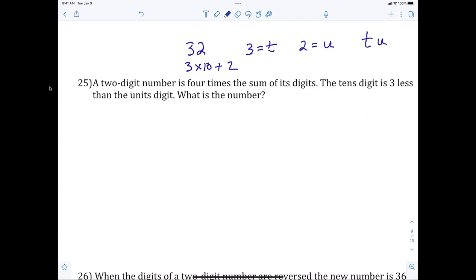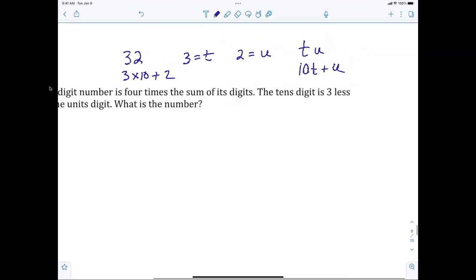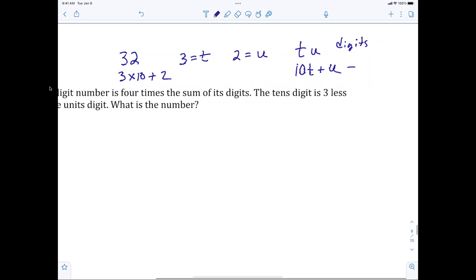So when I ask you about this 2-digit number, I would like everybody to say that 2-digit number can be read as 10t plus u. So t and u are the what? Digits. T and u are the digits. 10t plus u is the what?